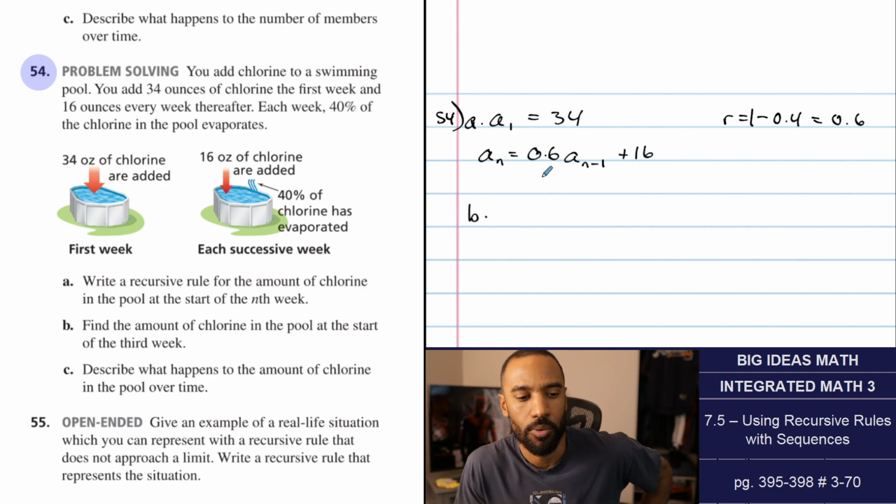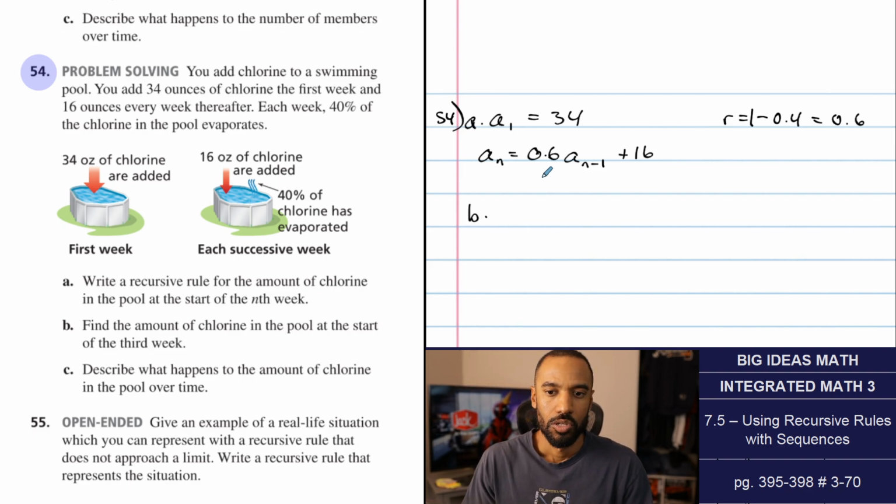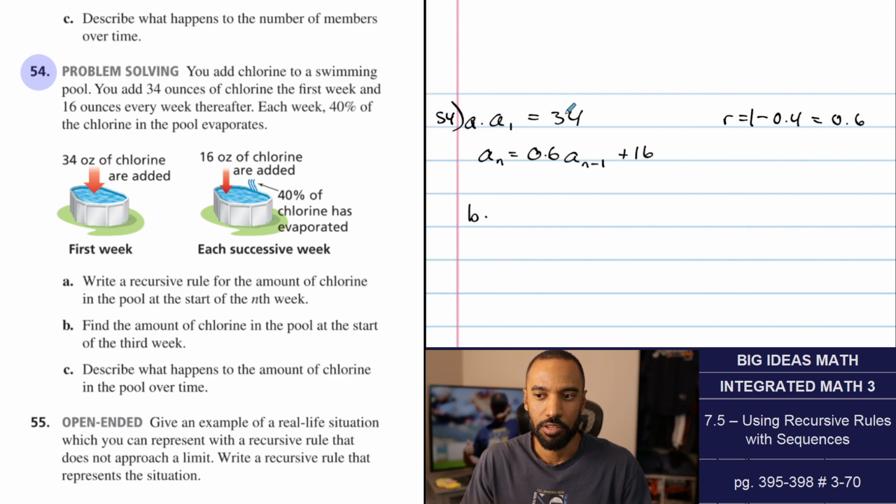Part B. Find the amount of chlorine in the pool at the start of the third week. So this is the first week. Let's do the same thing we did last time. We had 34 to begin with. We're going to take our previous answer times 0.6 and then add 16 to it.